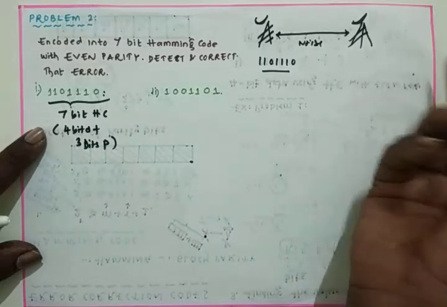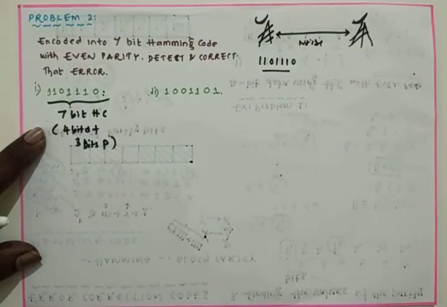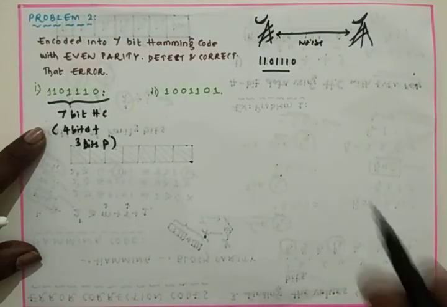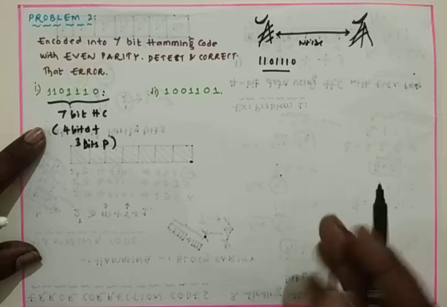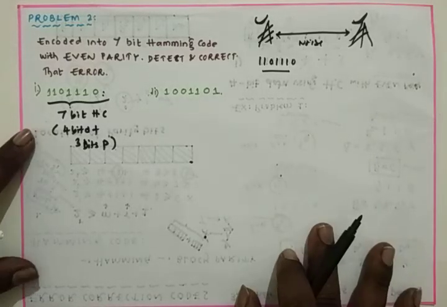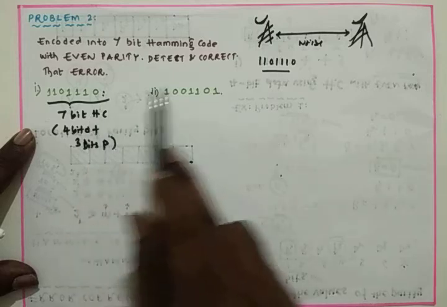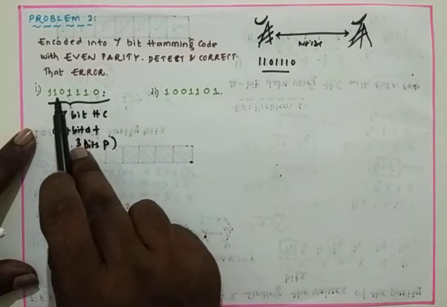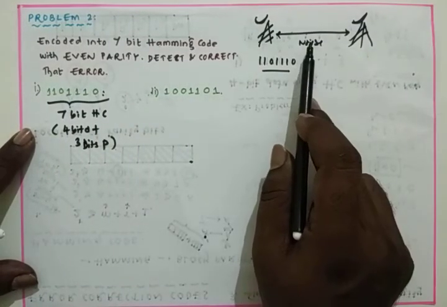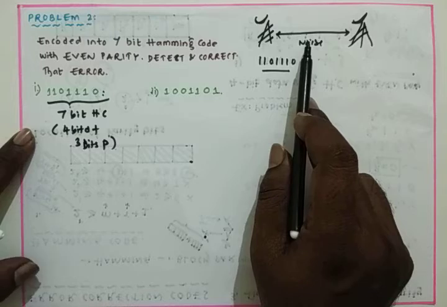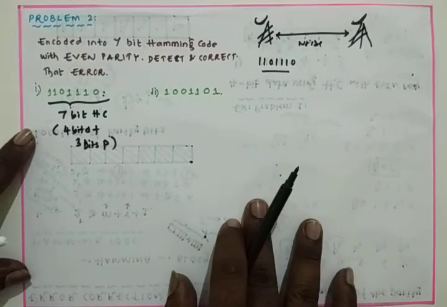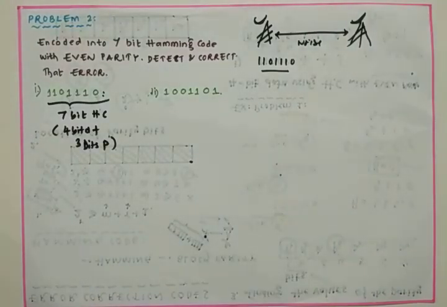At the receiver side we have to test whether the same signal has been received or not. Then determine the error and correct the error.